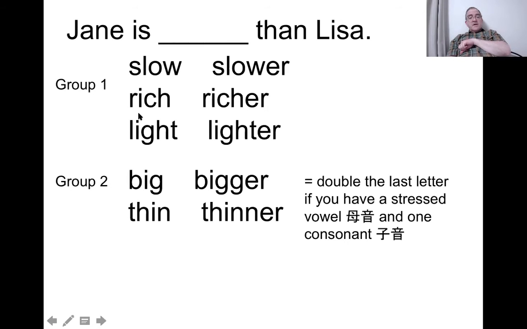One vowel, 2 consonants; 1 vowel, 1 consonant. This vowel is stressed, big, and it's 1 consonant, so it becomes double G. This is 1 vowel, 1 consonant, and the vowel is stressed, so it becomes double, thinner, bigger, okay? And that's group 2.